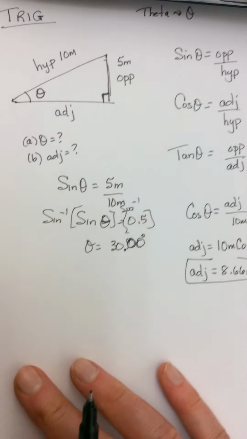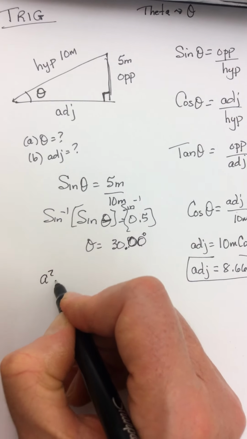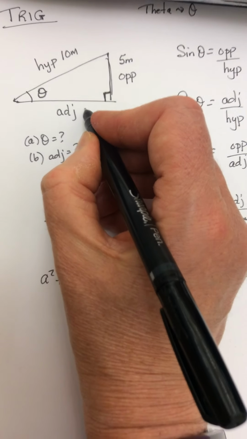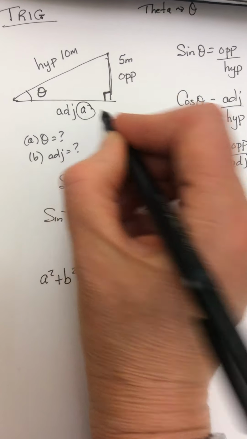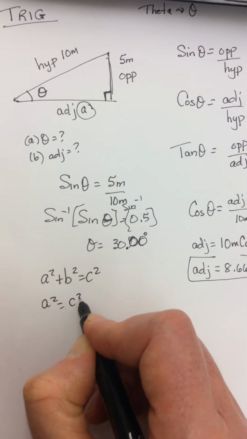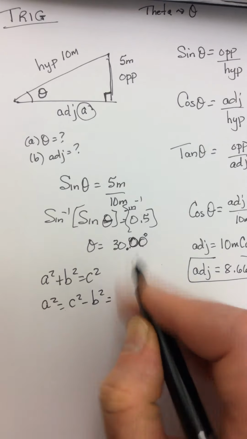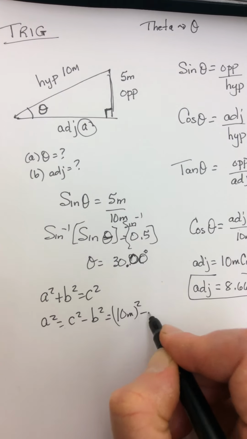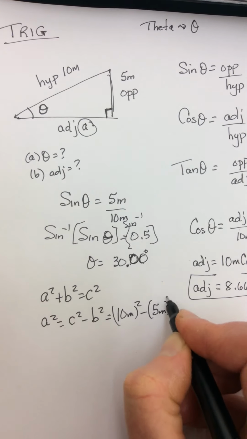Okay, now a second ago I said you could have also used Pythagorean Theorem, a squared plus b squared equals c squared, but this time you would be looking for one of the legs, not the hypotenuse. So it'd be a squared is equal to c squared minus b squared. So 10 meters squared minus 5 meters squared.